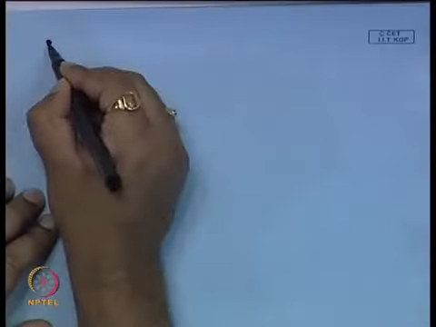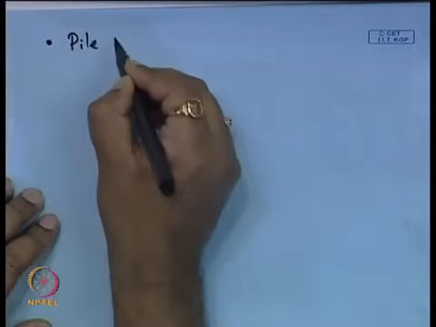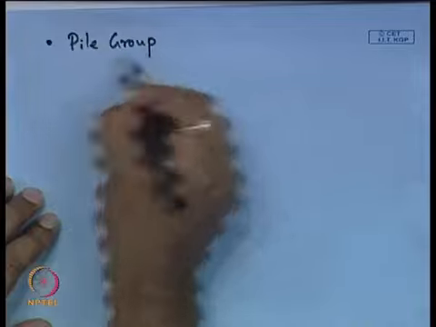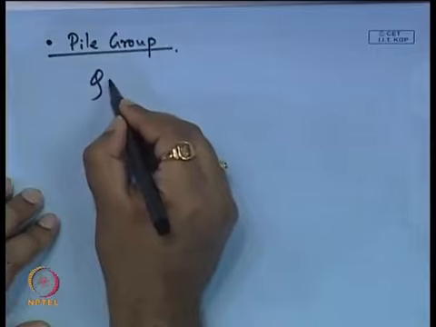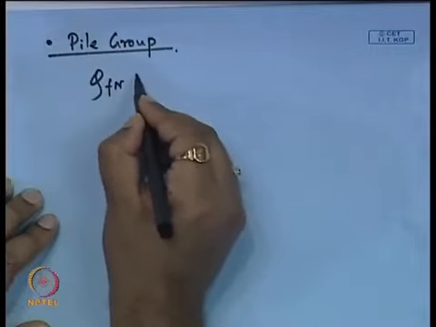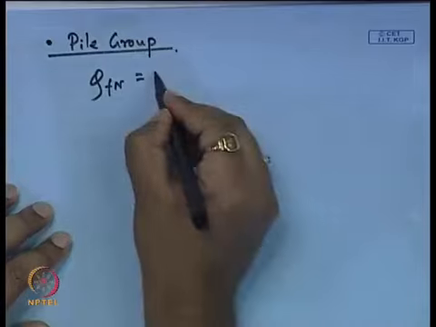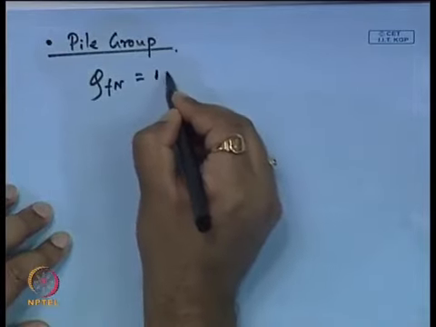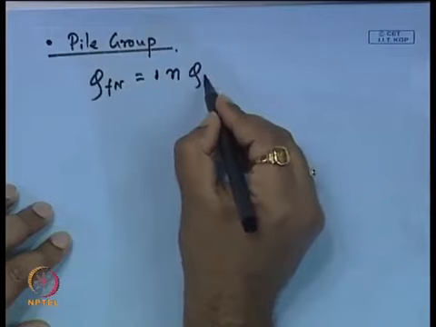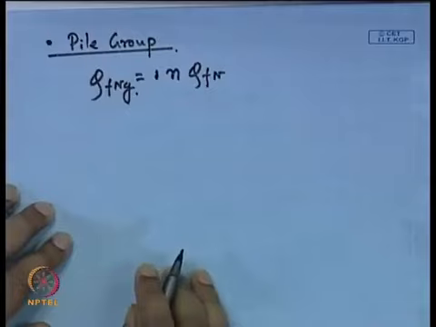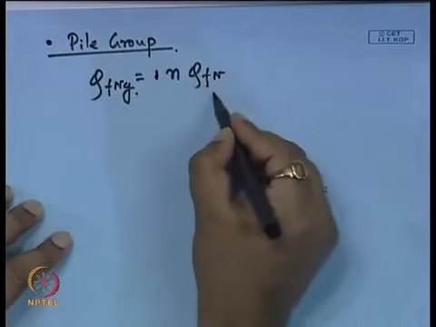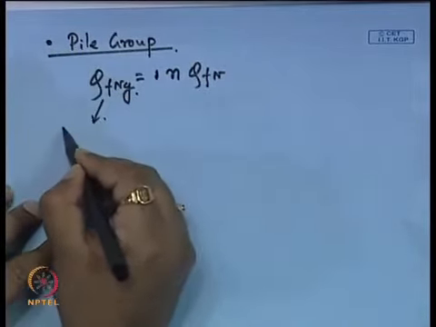So, we will go over the group pile, or negative skin friction in pile group. So, next one is in the pile group. Again, this negative skin friction Fn in the pile group will be equal to n into Fn. So, this is for the group negative skin friction.